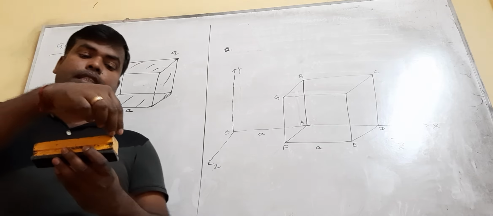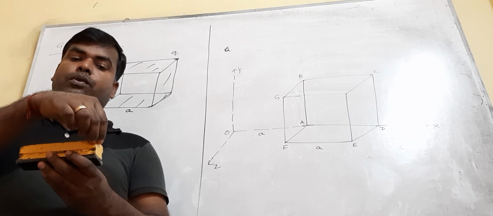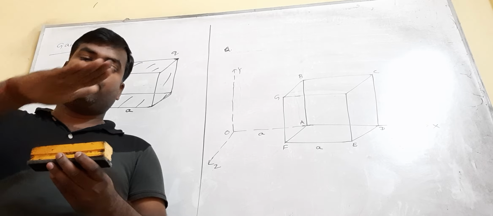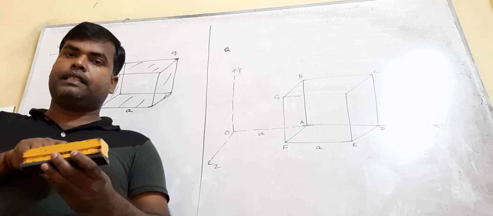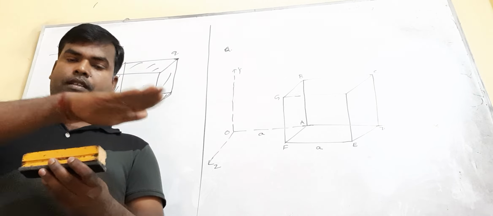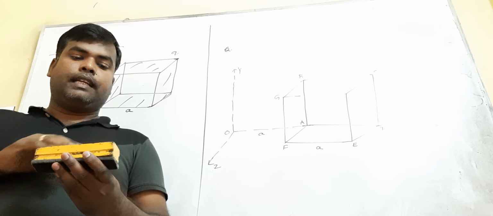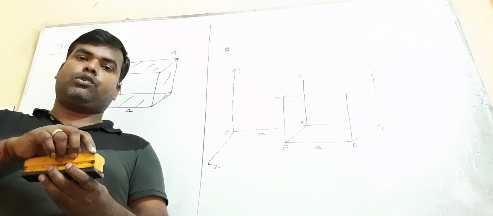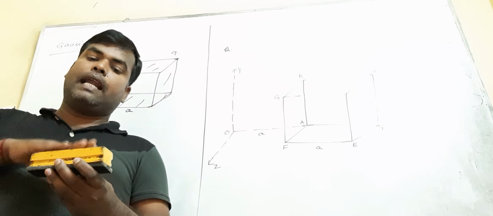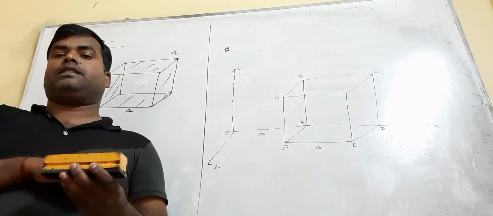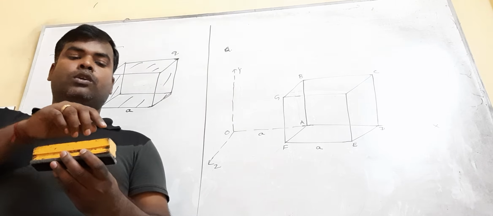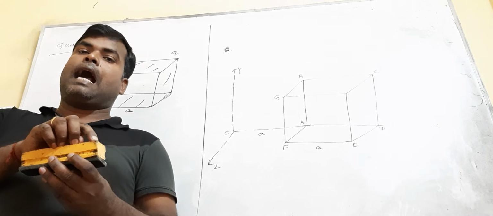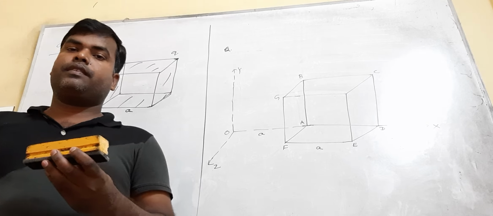To enclose this charge, we have to place 4 cubes like this in one plane. Still this charge is not enclosed, so another 4 cubes are placed over it. So to enclose this charge, 4 plus 4, that is 8 cubes are required.